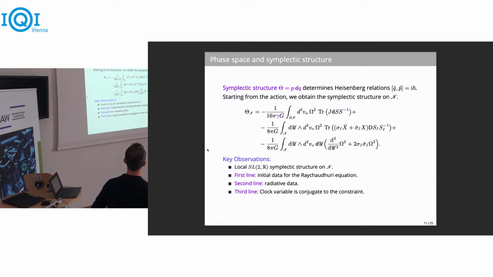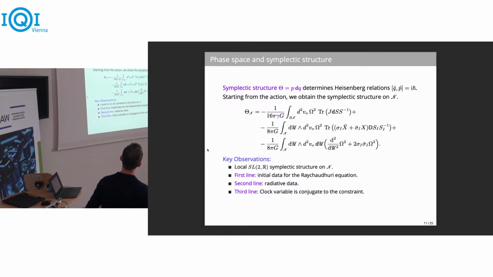And this has now three terms. What are these three terms? Well, first of all, we observe that this is basically a symplectic structure for SL2R matrices, group elements, that, however, are fields on the null boundary, that are fields on N. And what we also notice is that there are different contributions.